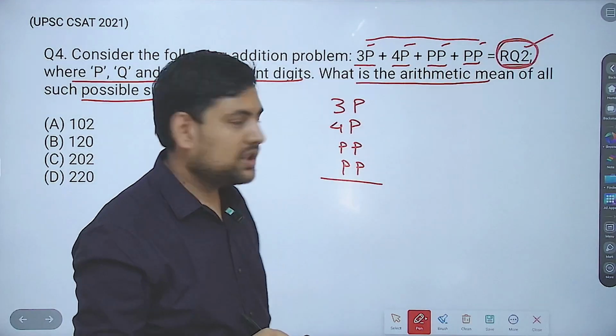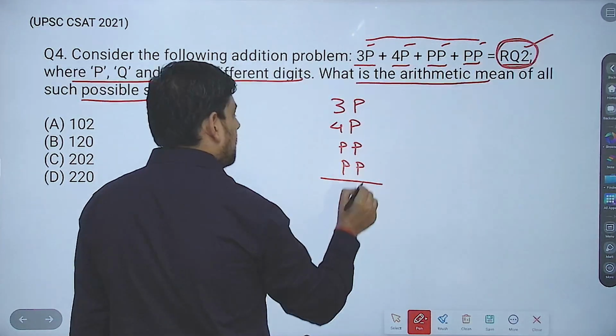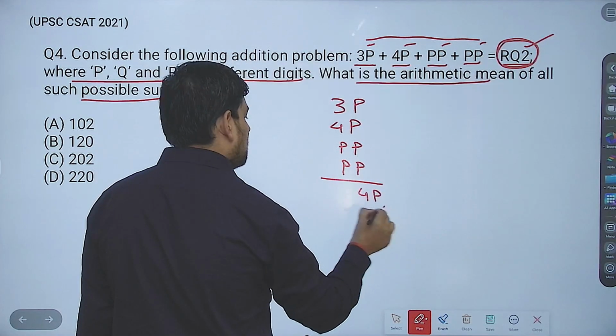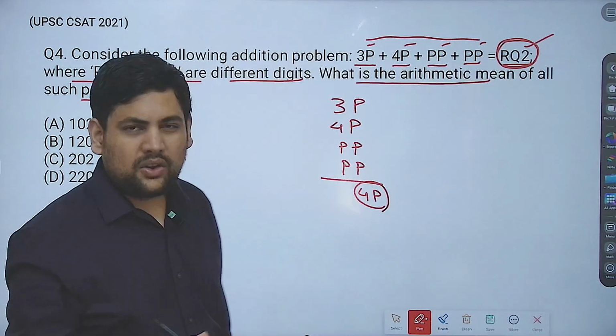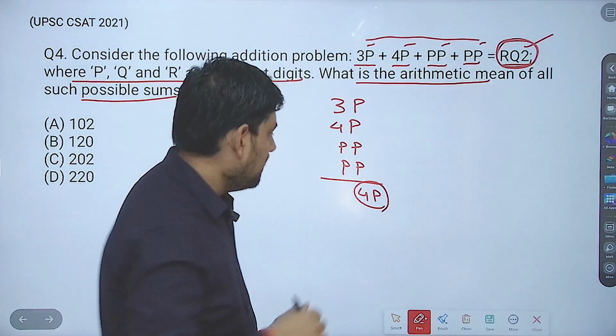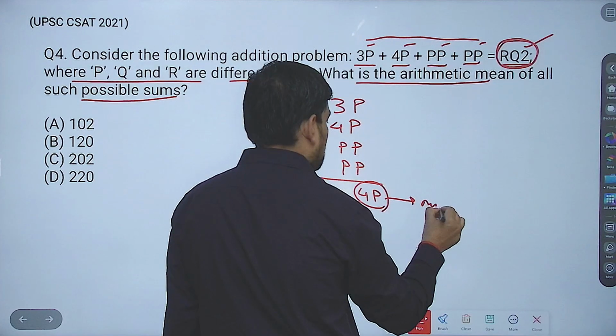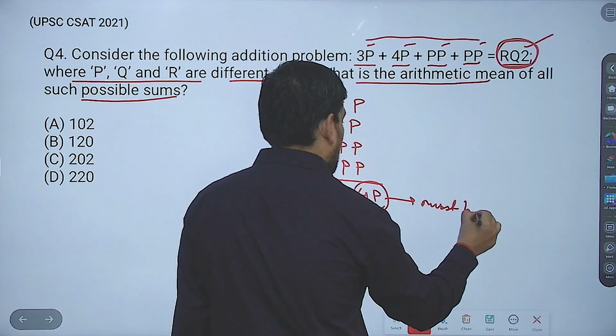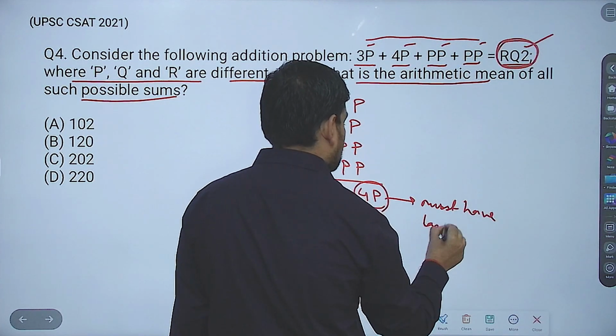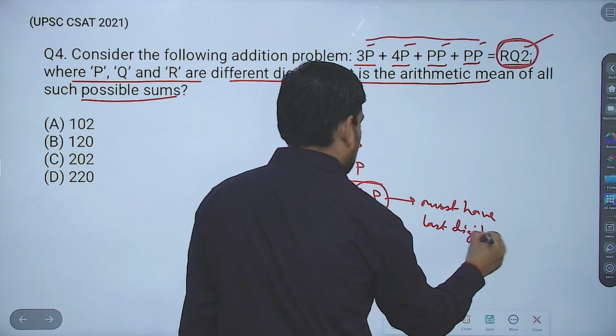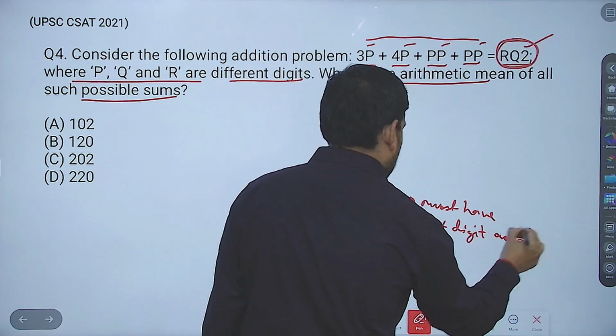If you add all of this, you get 4p. The carry does not matter. 4p must have last digit 2.